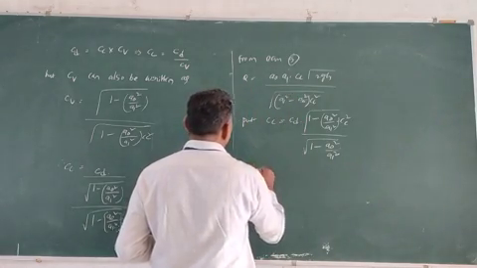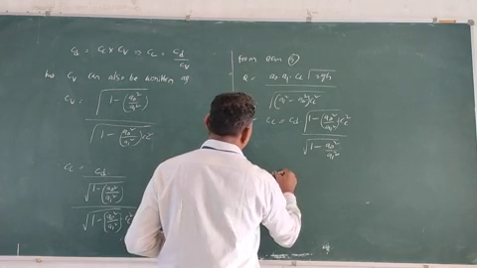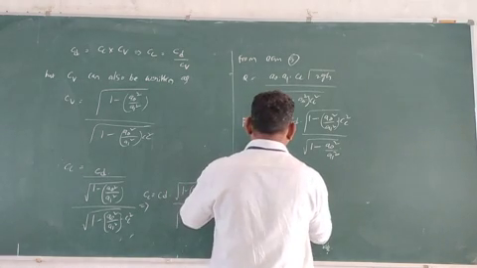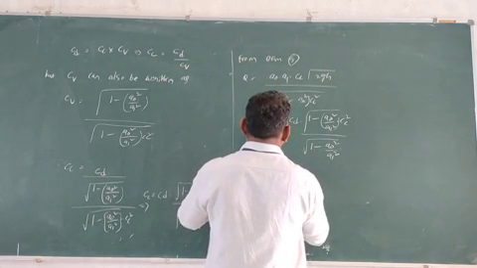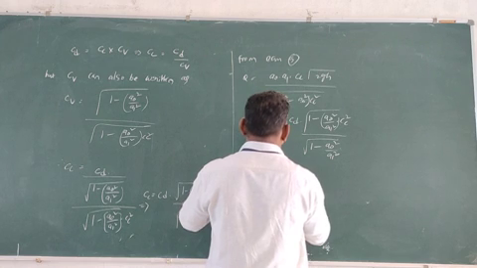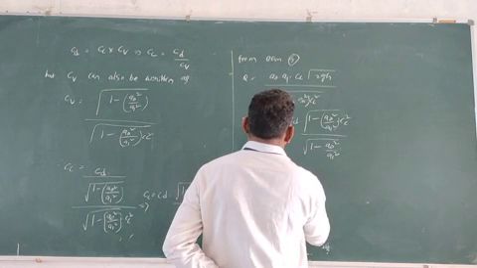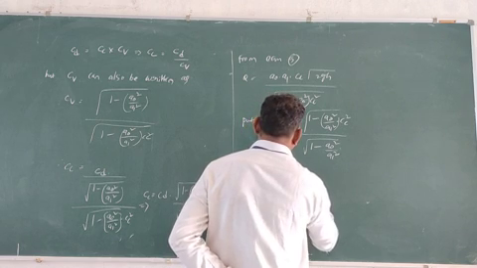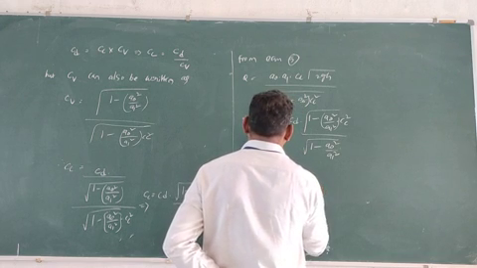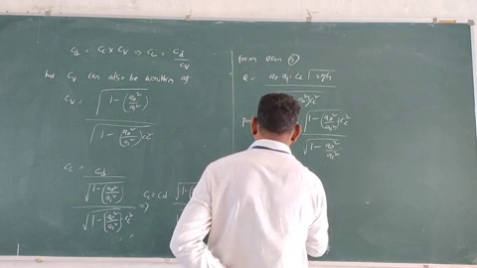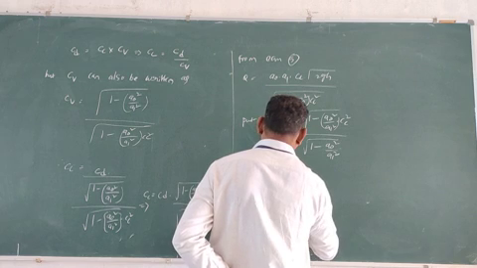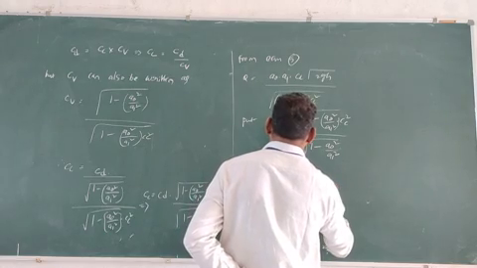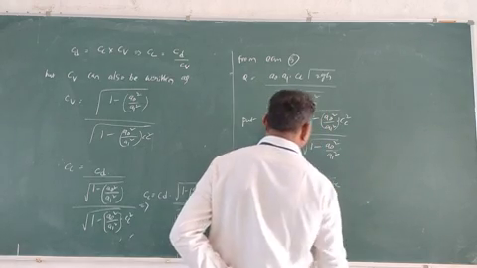Q is equal to A0 into A1 into 2gH divided by square root of A1 square minus A0 square into Cc square into Cc.